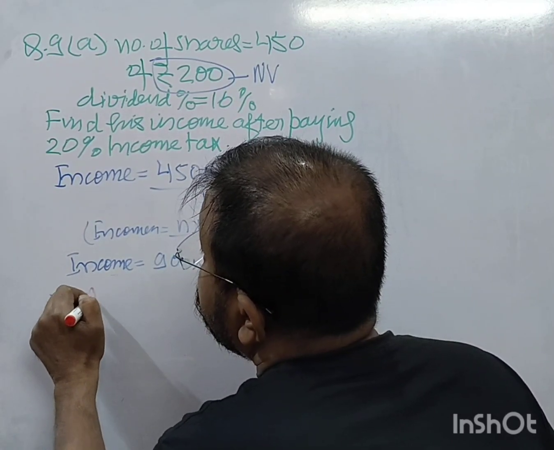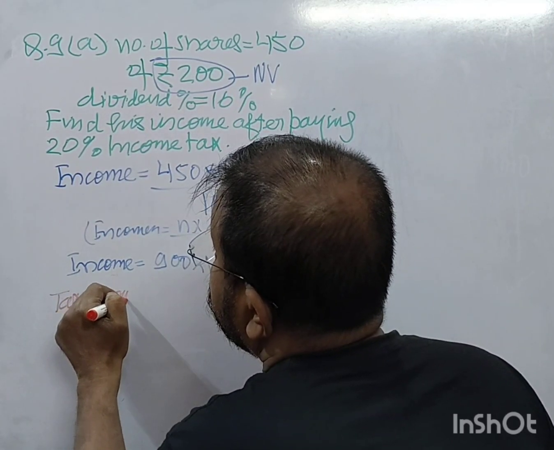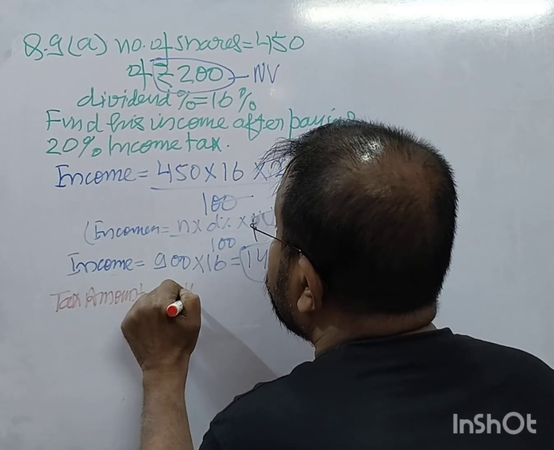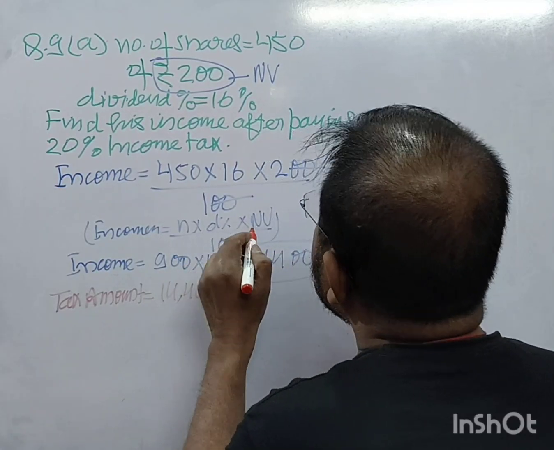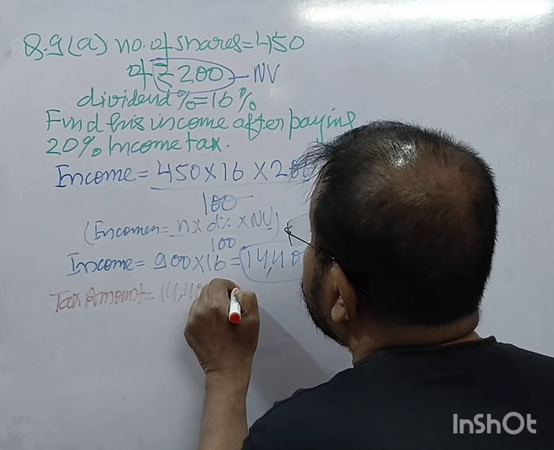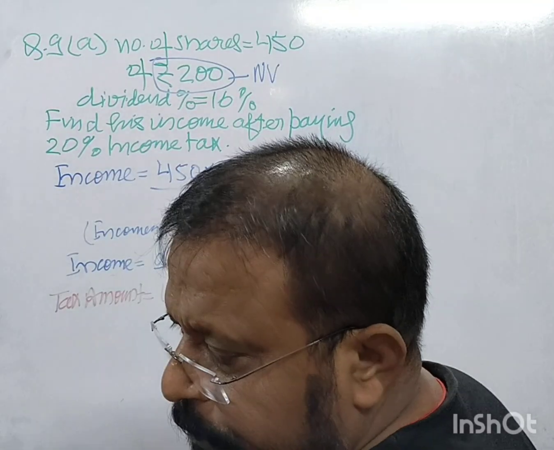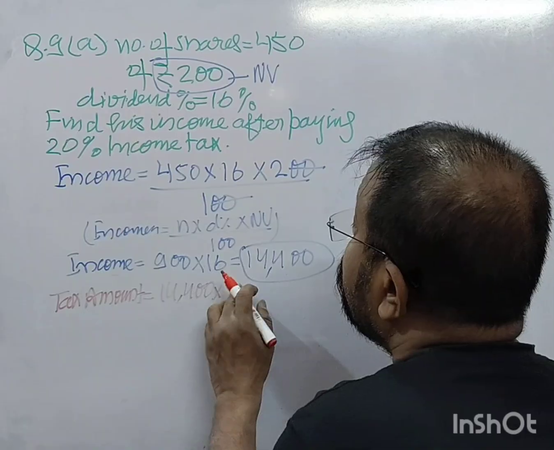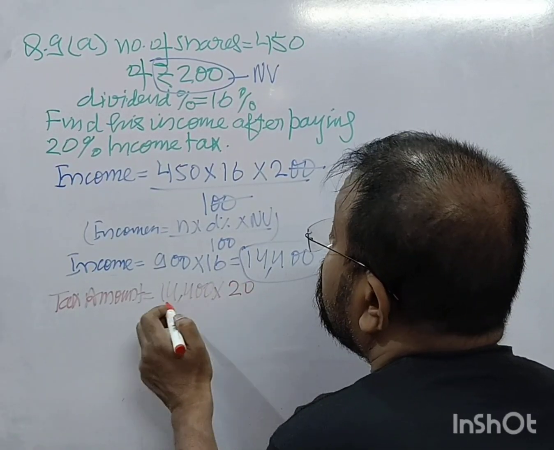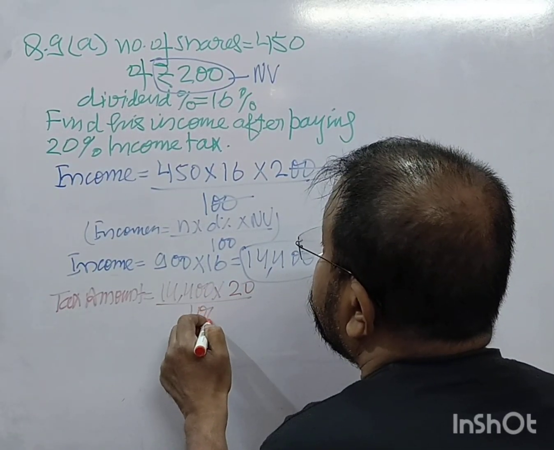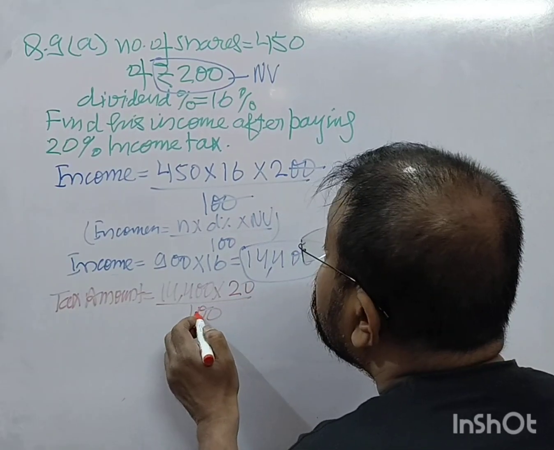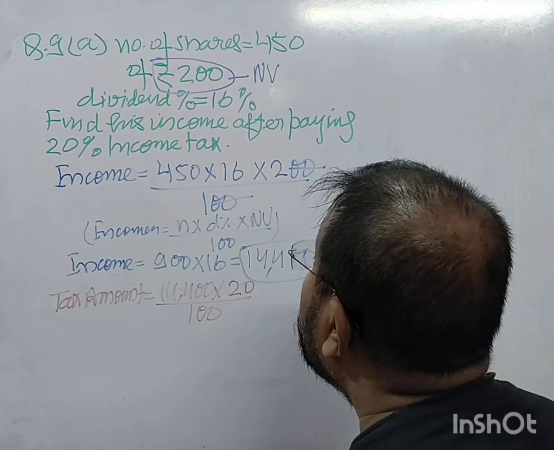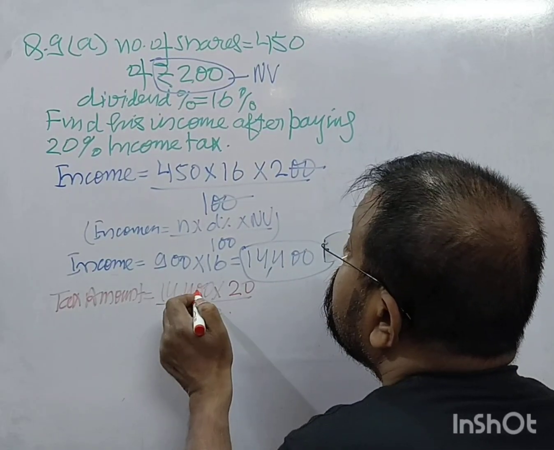Now the tax paid. Tax amount is equal to 14,400 into 20 upon 100, right? 2 zeros cancel.